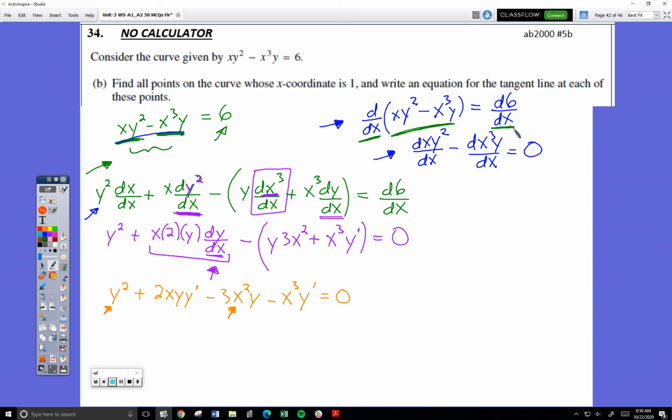Then I use the add-subtract rule to get to here. Derivative of a constant is 0. Then I'm back over here. This is the product rule. This is the product rule again to work out this and this.